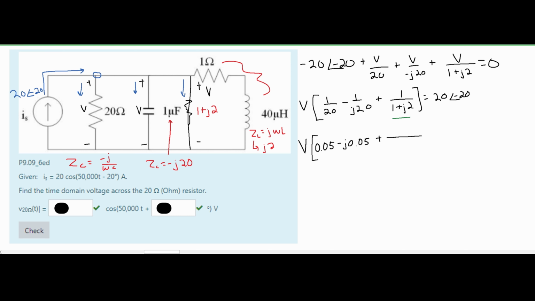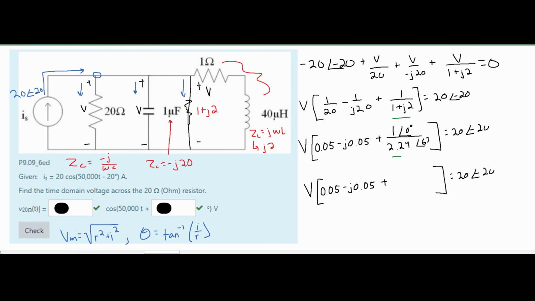To convert this into polar form, we're going to use the equation that our Vmax is equal to the square root of our real number squared plus our imaginary number squared, and that our angle is equal to tangent of -1 with our imaginary number on top and our real number on the bottom. And if we do this, we're going to get a 1 with an angle of 0 degrees, and then we're going to get a 2.24 with an angle of 63 degrees. Both of these are approximate as well. And this will be set equal to our 20 with an angle of -20 degrees.